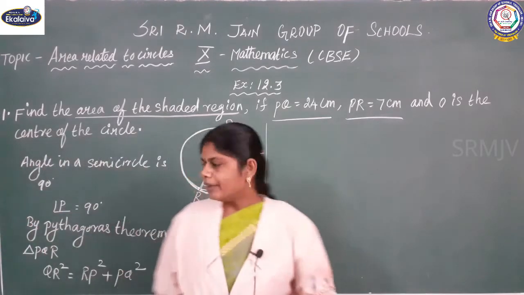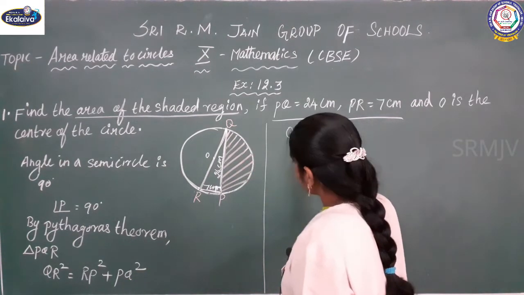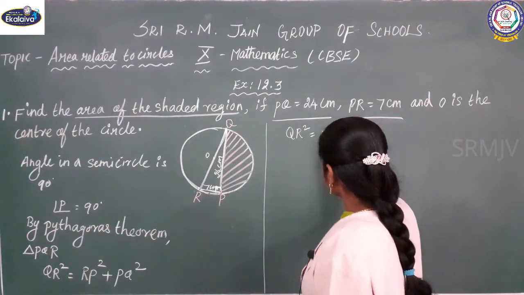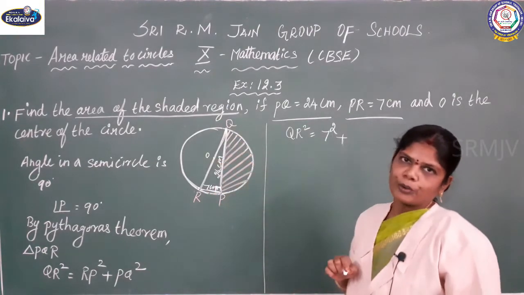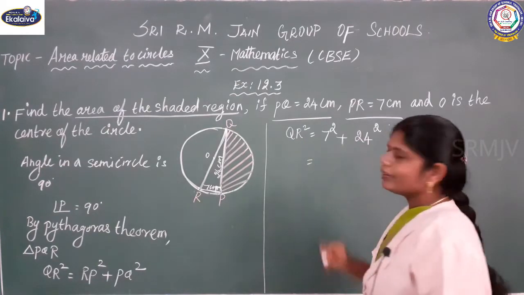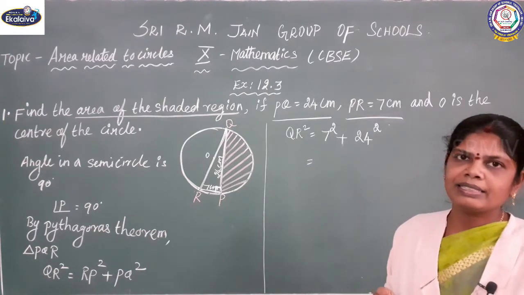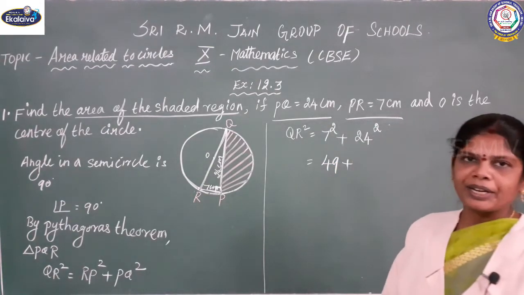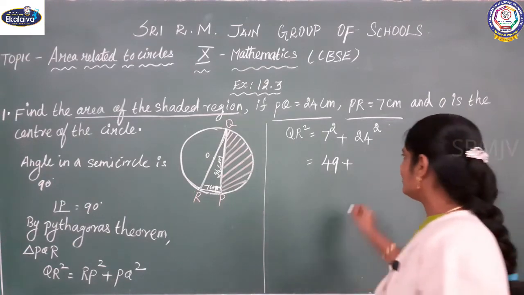Okay, here you substitute the values. QR square equal to RP square, what is the value? 7. So 7 square plus PQ square, PQ value is 24, so 24 square. 7 square, what will you get, children? 7 square means 7 into 7, so 7 sevens are 49, plus 24 square, 24 into 24, what will you get, children? 576.